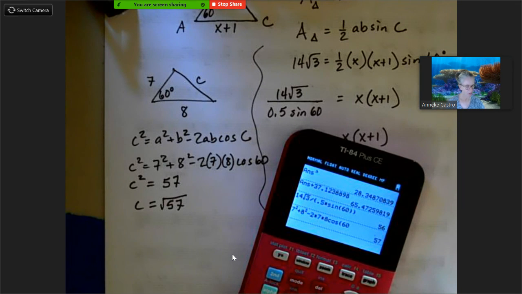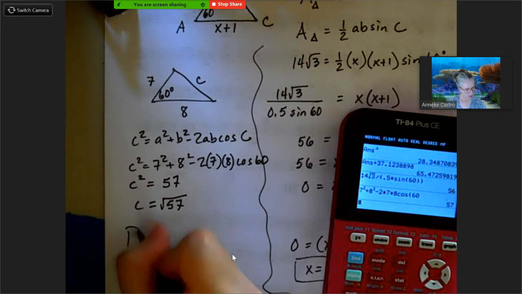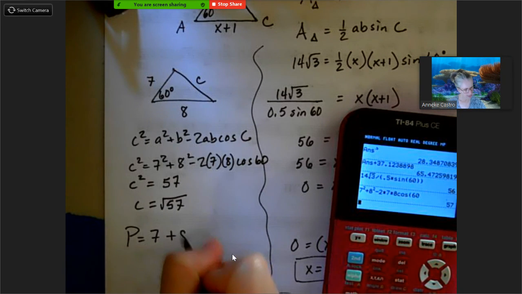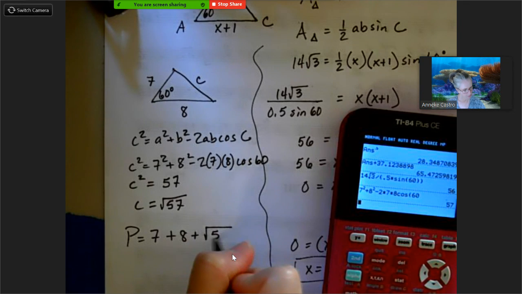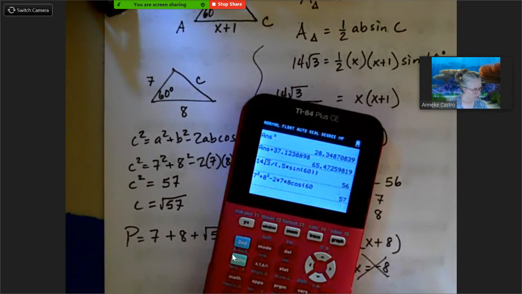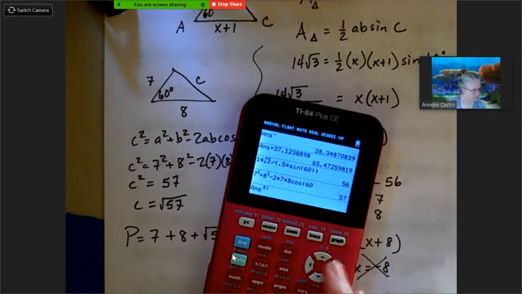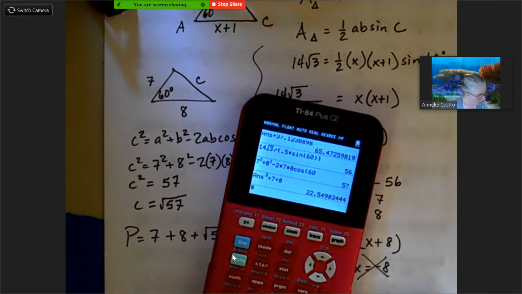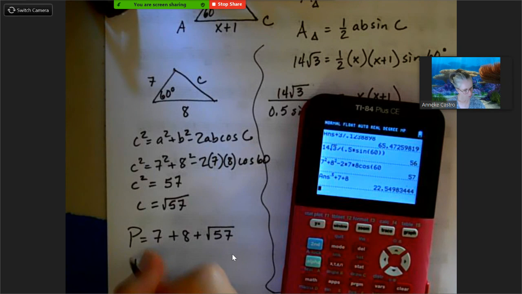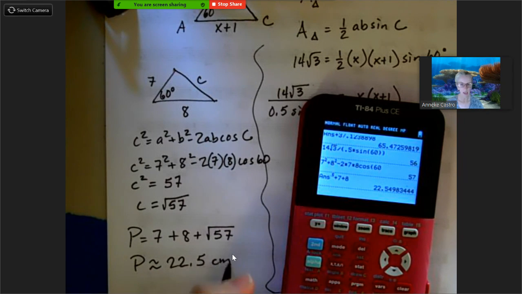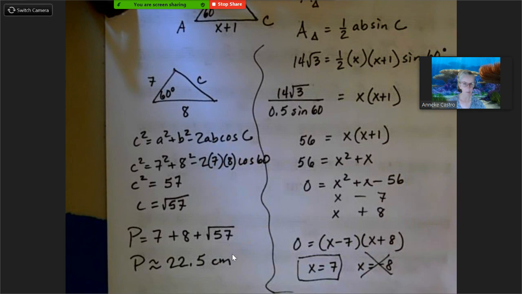Now I'm ready to do my perimeter. The perimeter of the triangle is going to be 7 plus 8 plus square root of 57. I take the square root of 57, raised to the 0.5 exponent, plus 7 plus 8, and that gives me 22.5. So my perimeter ends up being 22.5 centimeters to 3 significant figures. Bam! That was number 16.